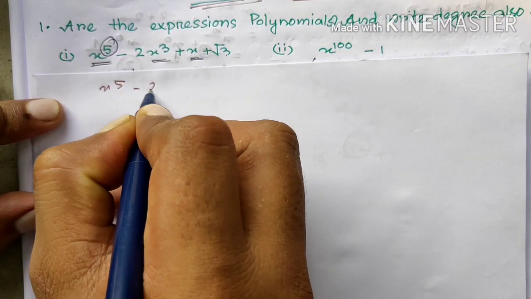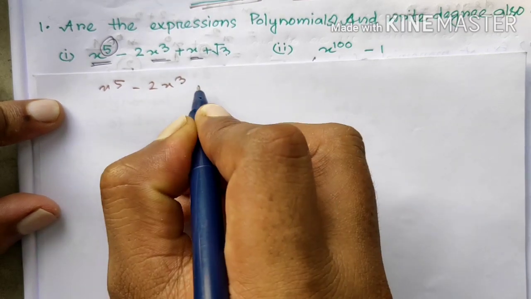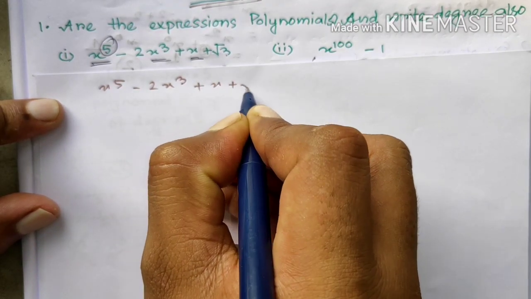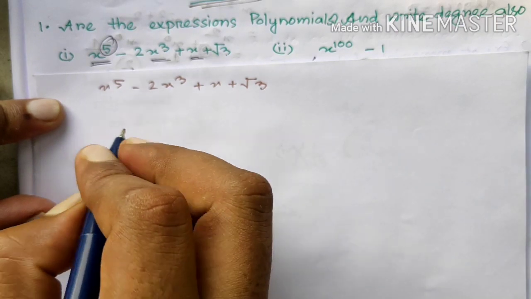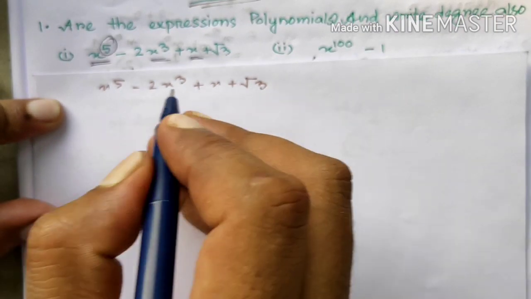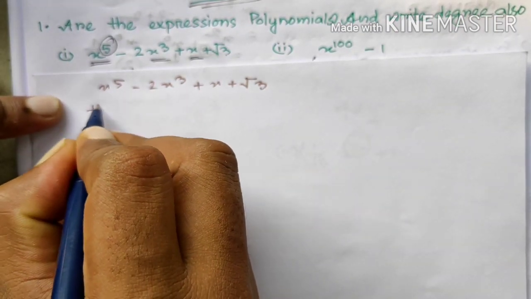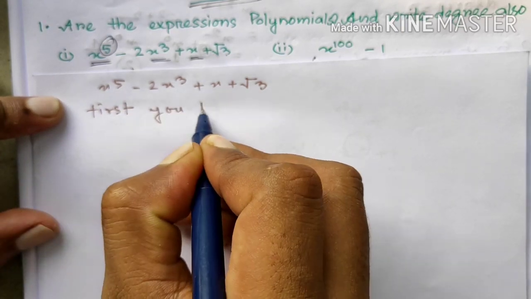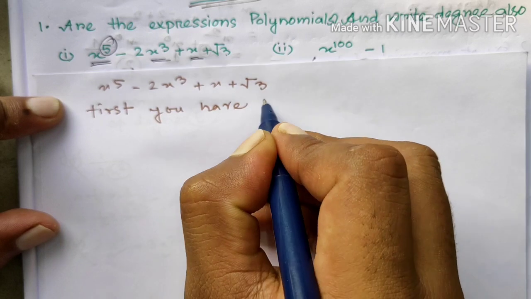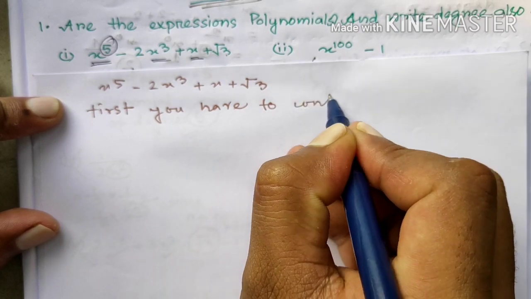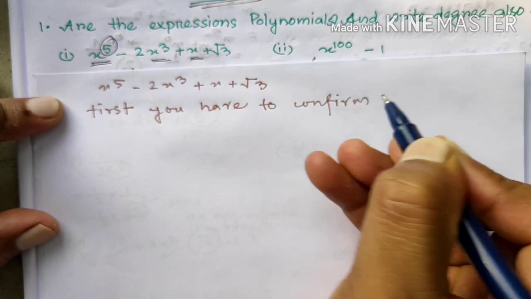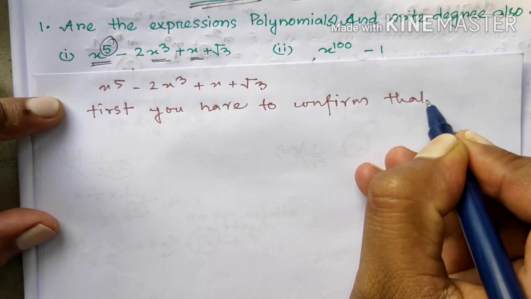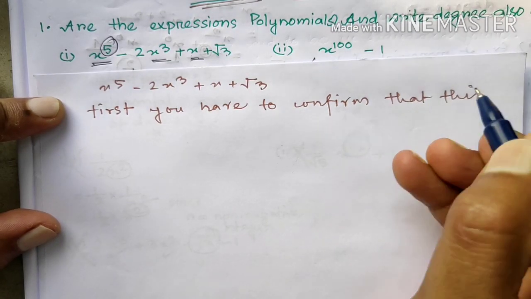First question, x to the power 5 - 2x cube + x + root 3. First, you have to confirm that this is a polynomial.